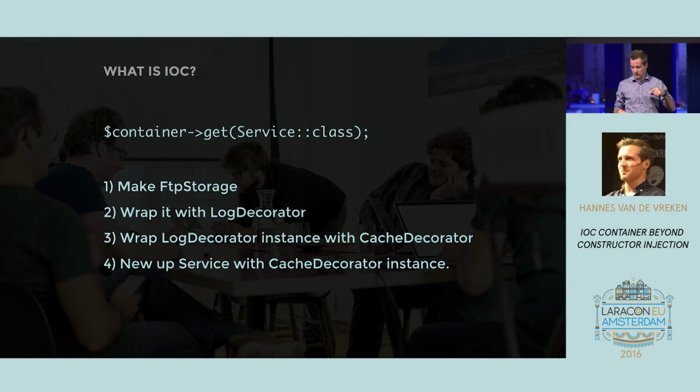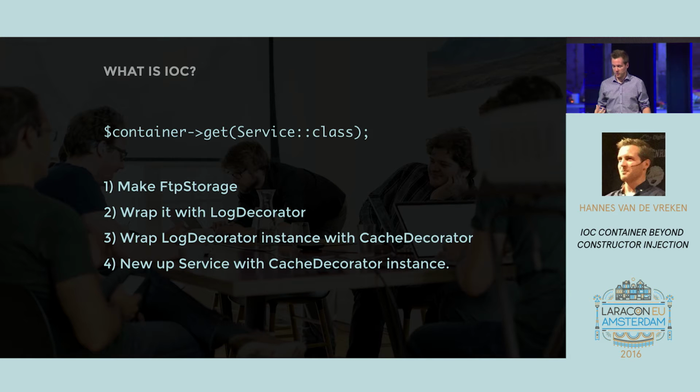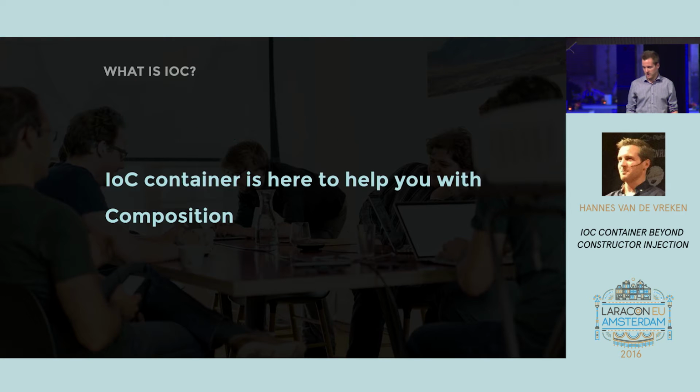And then you want those wrapped objects to be injected into the service class, because you can inject a log decorator instance because it's type-hinted storage interface. So that's what the container does. That's what it's used for. It's used to help you with creating new objects without having to walk the entire dependency tree to create it. So the IOC container is here to help you with composition.